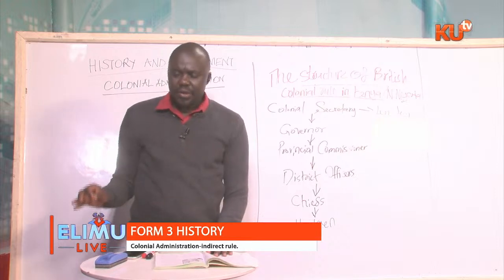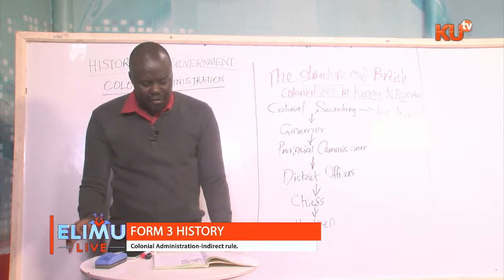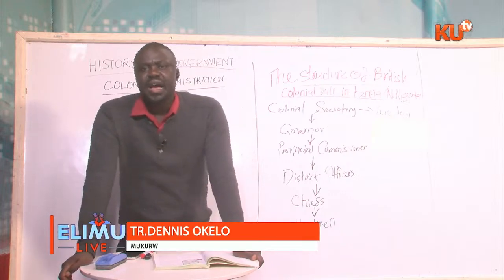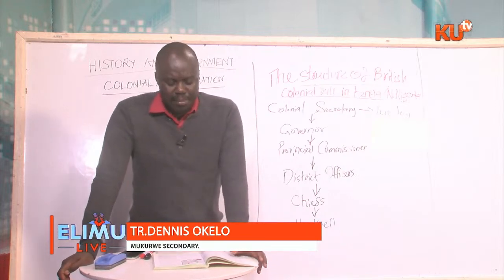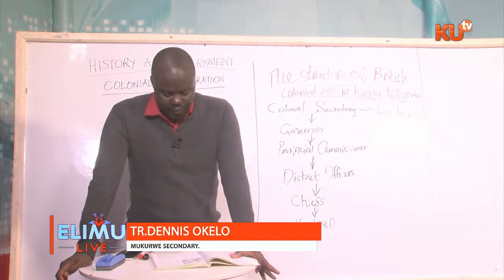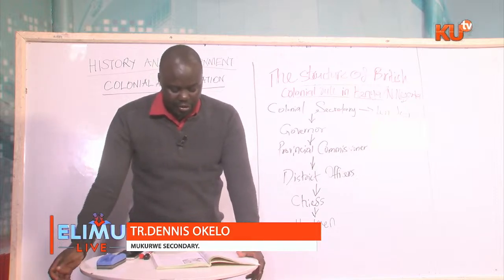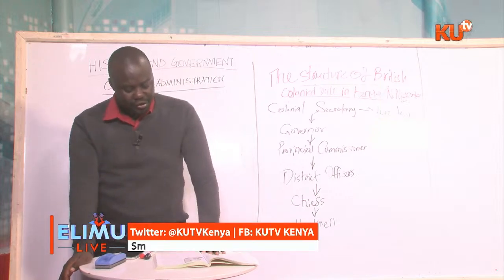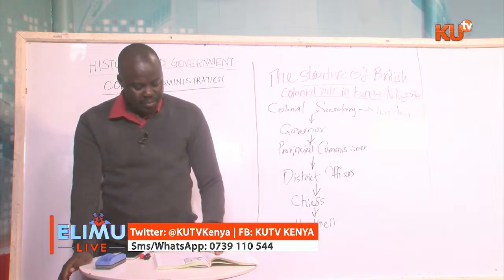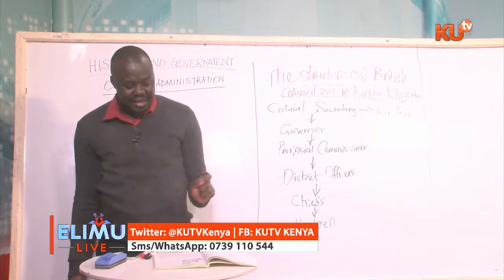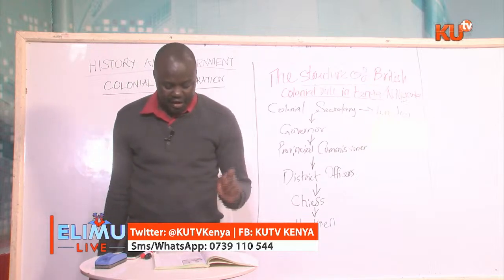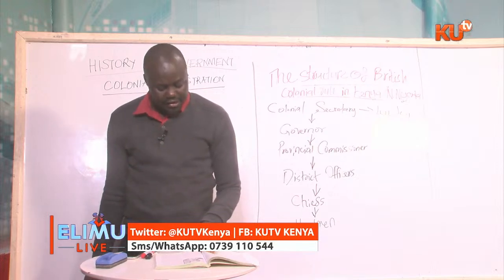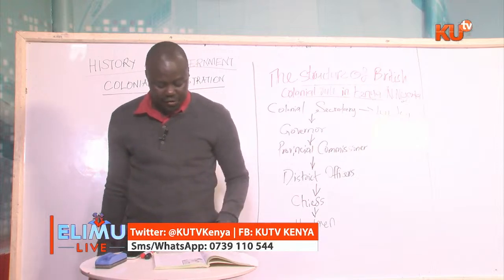Again, the indirect rule method of administration can be credited to a British agent of colonialism called Frederick Lugard. Yes, according to Frederick Lugard, indirect rule implied what is called a single government in which the native chiefs have clearly defined duties and an acknowledged status equal with the British officials.